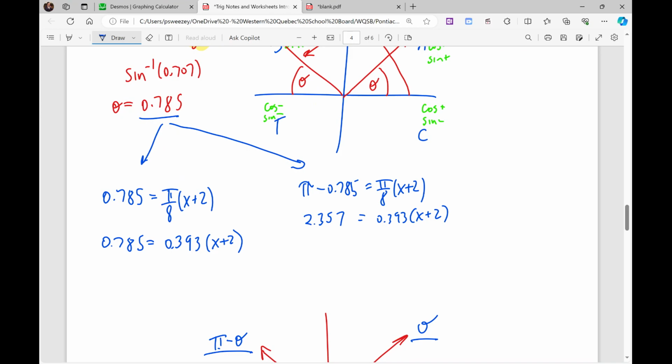So now we're just using decimals to solve. When I divide here, 0.785 divided by 0.393 gives me something like 1.9975. So I'm just going to say 2, because that makes sense: x plus 2. And over here, 2.357 divided by 0.393 gives me something along the lines of 6 is equal to x plus 2.